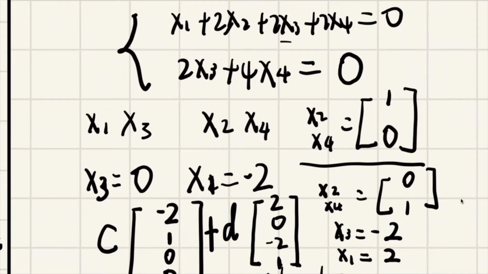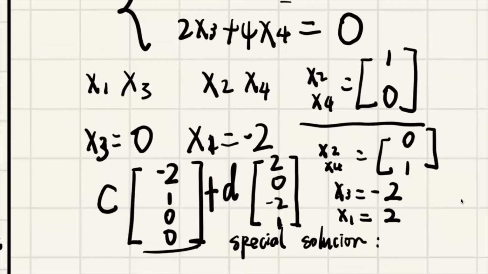There's no exception. And because of that, our pivot variables depend on all the cases of the free variables, so it will also cover all the cases of the pivot variables. And if we use C plus D, it really encompasses all the cases here.